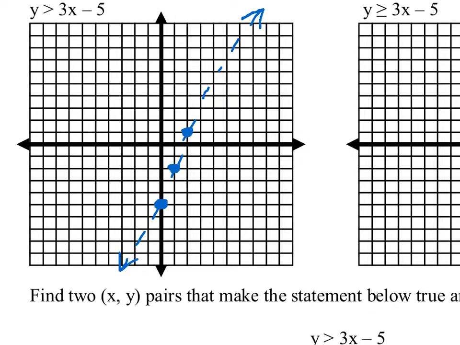And so what does that dashed or dotted line signify to me about this line? Manuel? Those points are almost part of the solution, but they're not. Okay? We're going to talk a little bit more about the rest of the solution in a second.